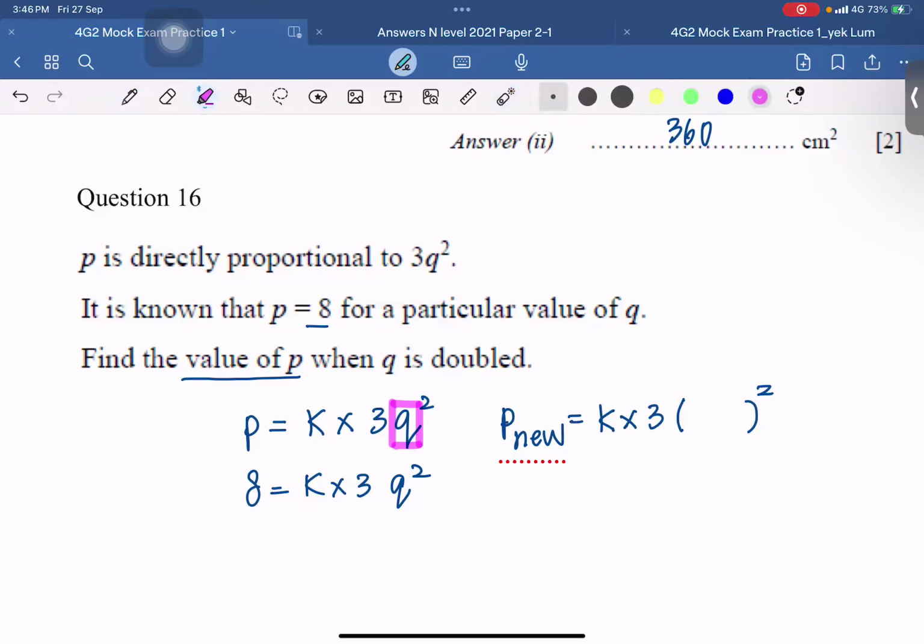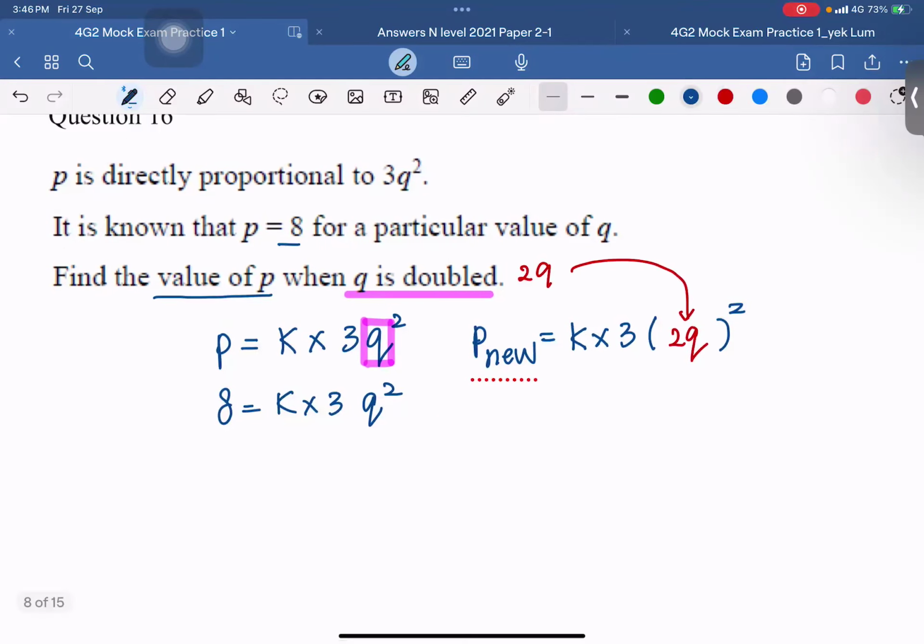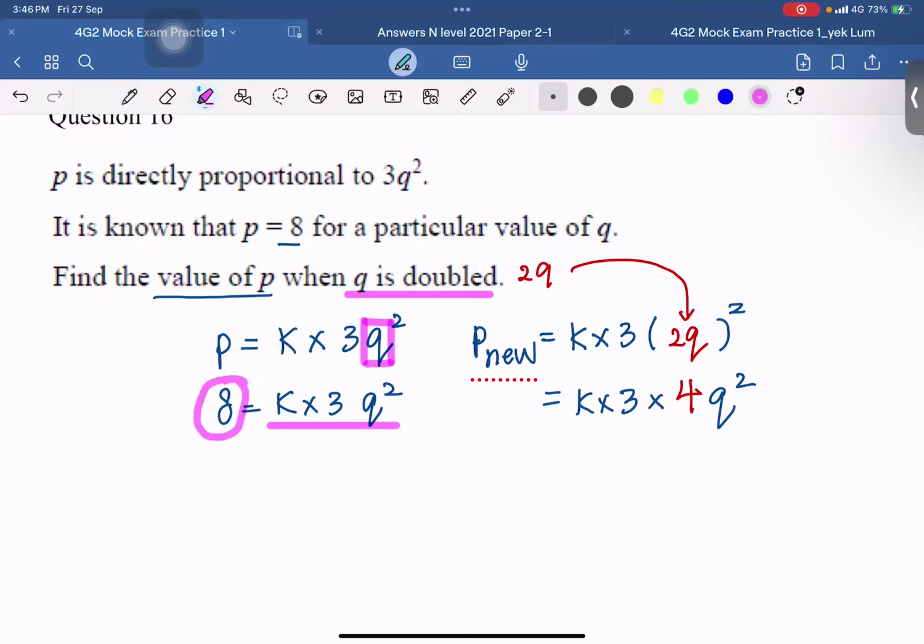Next one, the question says Q is doubled. Now Q becomes 2Q. Place it inside that square bracket. Then you get your answer. K times 3, 2 squared is the number 4, Q squared. Then I check. All this over here is replaced by the number 8. Then times 4. Answer.